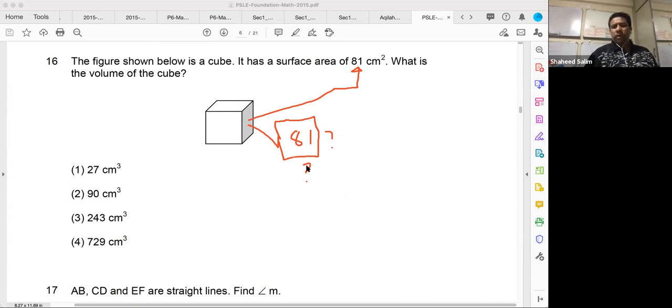What times what equals to 81? 9. 9 times 9 equals to 81. Okay, and then that means one side is 9.